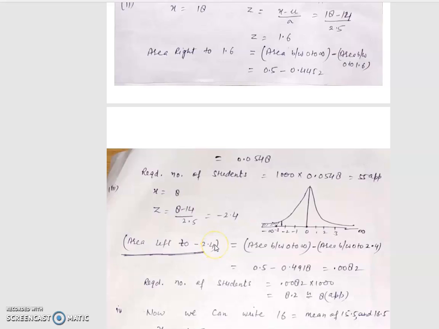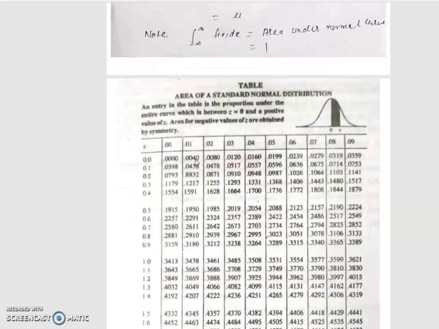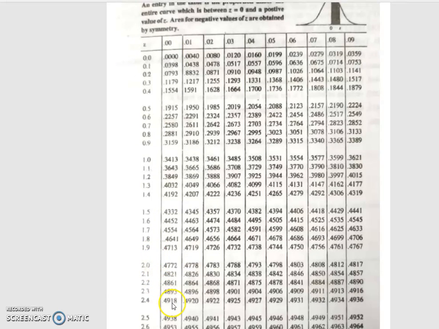How can we find it? We find the area between 0 and minus infinity minus the area between 0 and minus 2.4. The area between 0 and infinity or 0 and minus infinity is the same, so we can write this step very easily: 0.5 minus the area between 0 and 2.4, which is 0.4918.